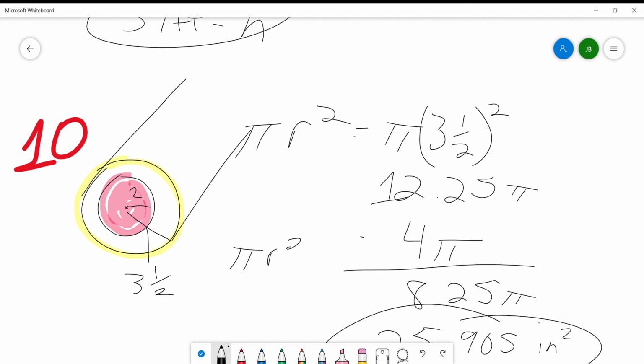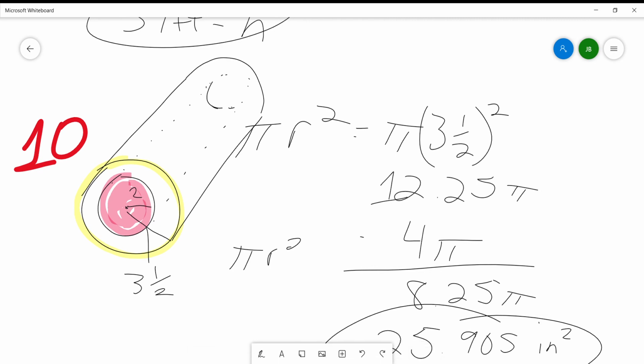So we got this pipey thing, and it's got these little dotted lines. I think it's just the volume of the actual pipe itself. So we have to take the volume of the big cylinder minus the volume of the little cylinder.